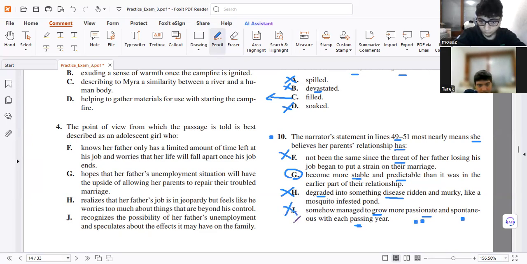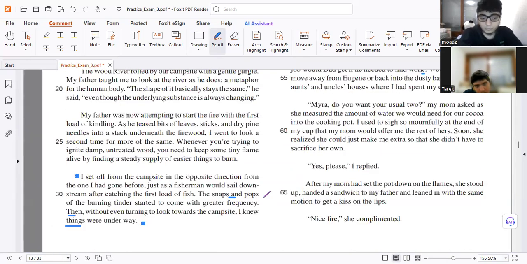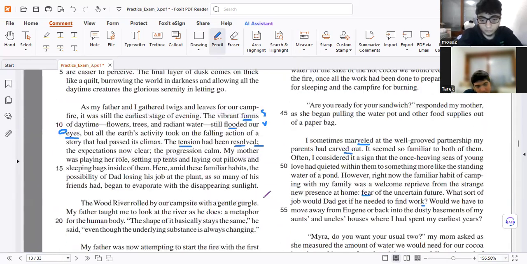We don't have that, but it became stable and predictable compared with the earlier part of their relationship. So it's different from now. Now it's stable. So stable will be shared together, making the camp. That's all. Yes or no? Makes sense.